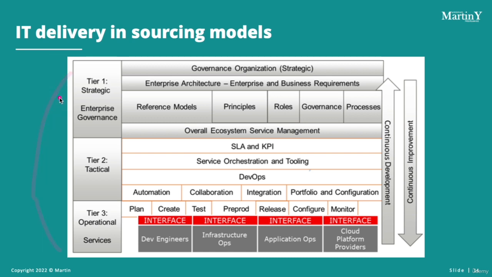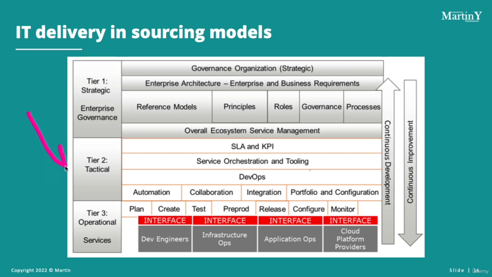The first one is the strategic tier, or the strategic level, and this is the tier for enterprise governance. The enterprise defines strategic business goals that are translated into enterprise architecture. The overall architecture principles are the outcomes of the enterprise architecture and drive all IT architecture, including the DevOps.